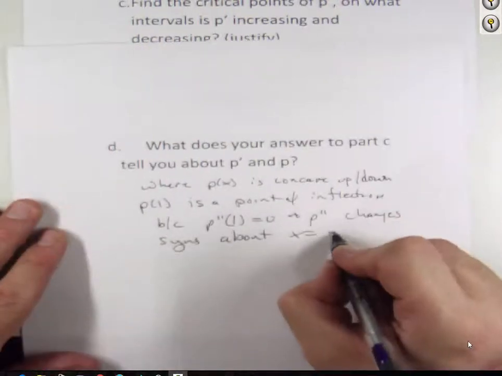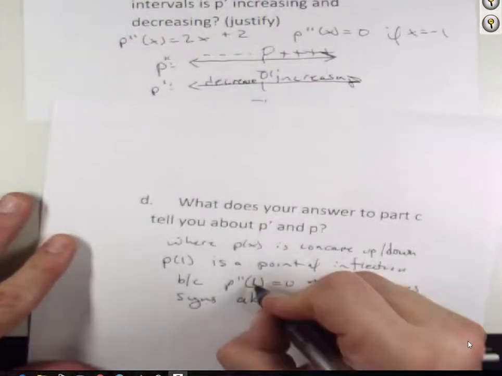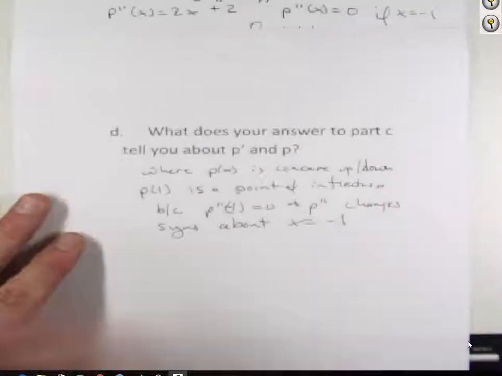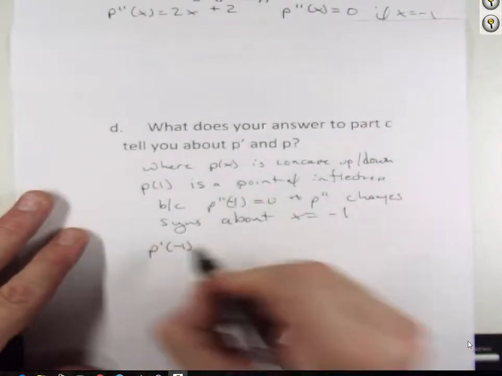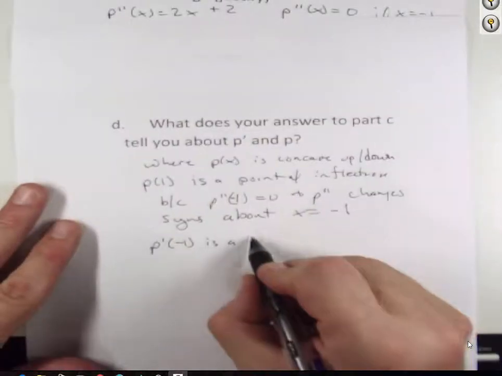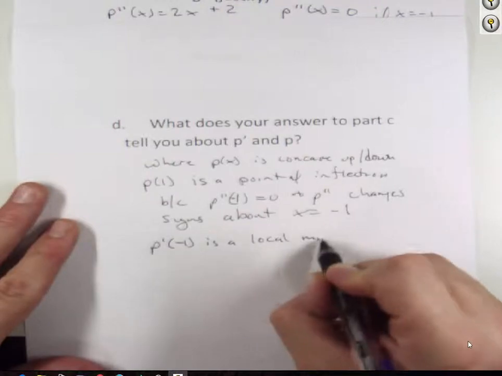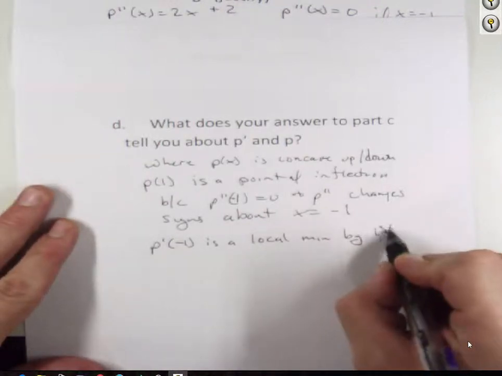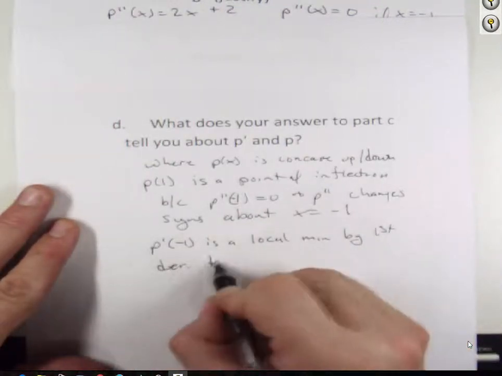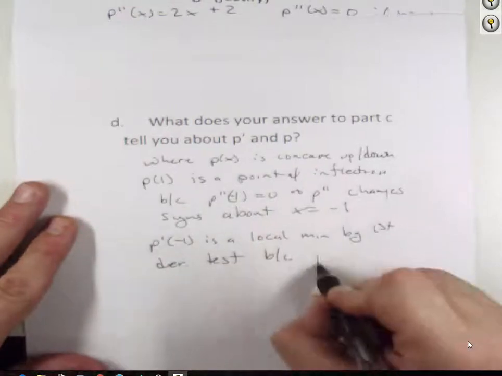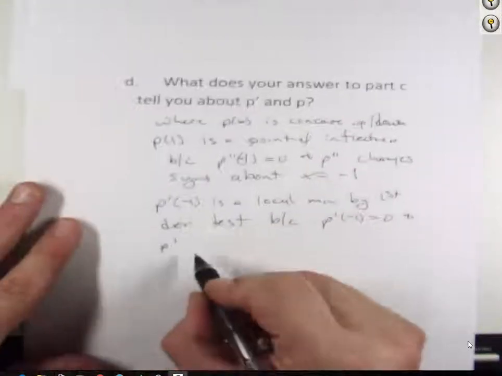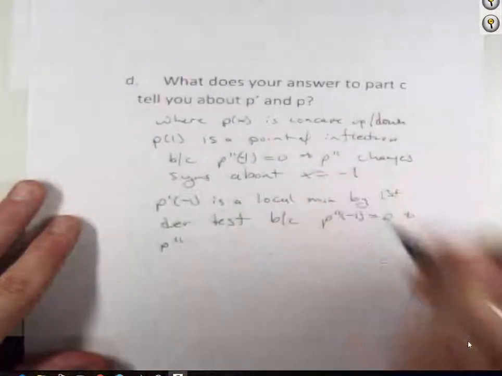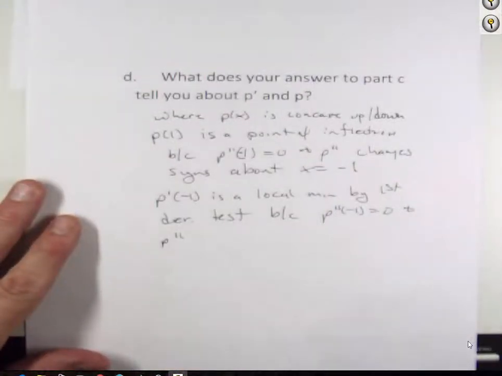X equals, I think that was negative 1, right? And don't let me write that wrong. The next sentence I'm going to write is P prime of minus 1 is a local minimum by the first derivative test, because P prime of negative 1 is 0, and P double prime of negative 1 is 0, sorry.